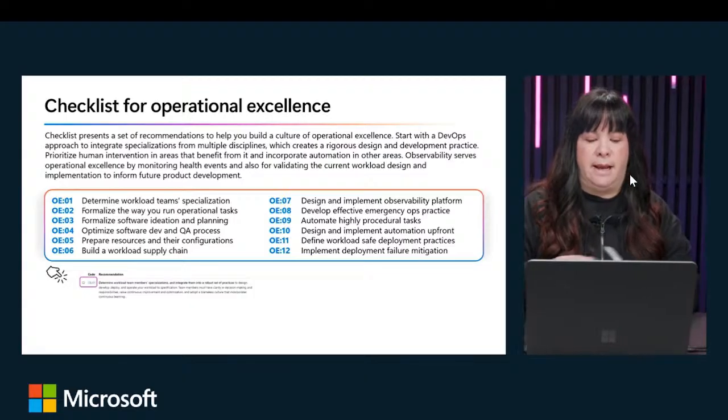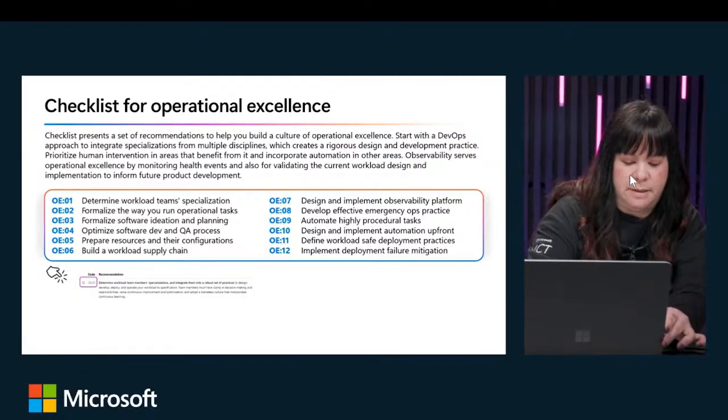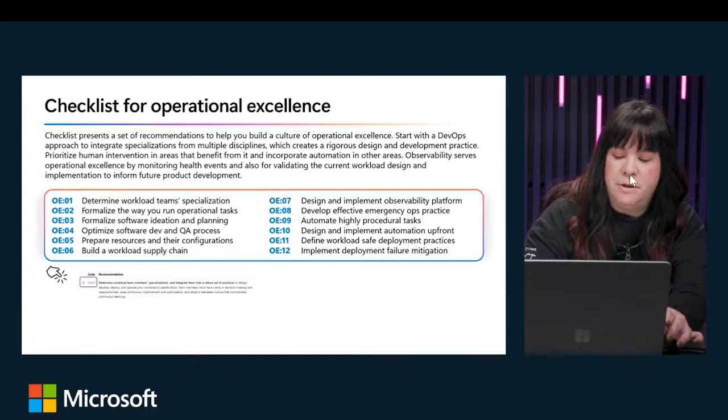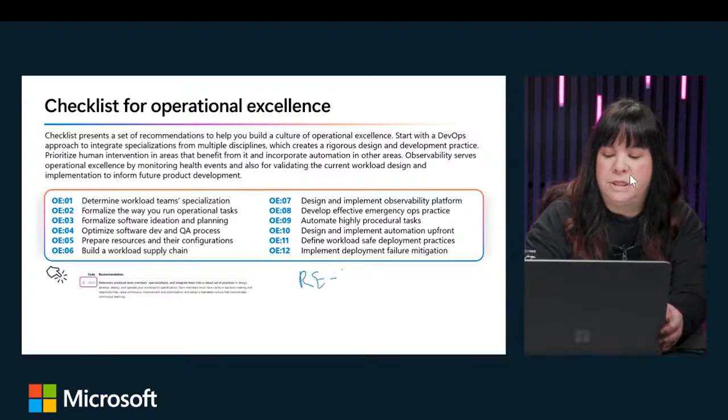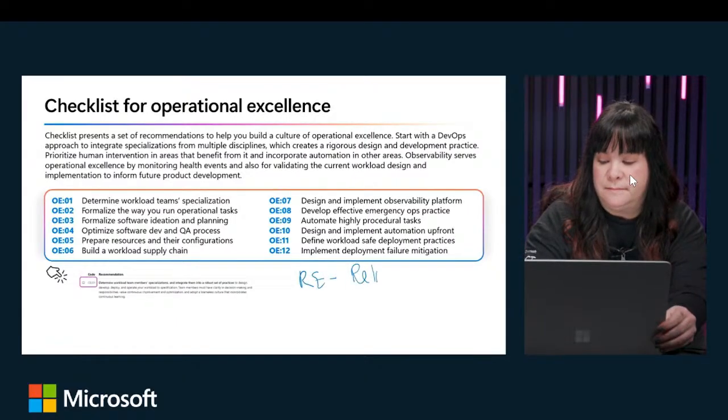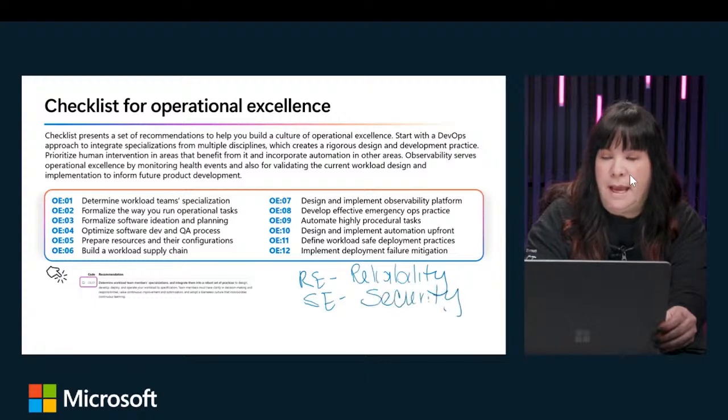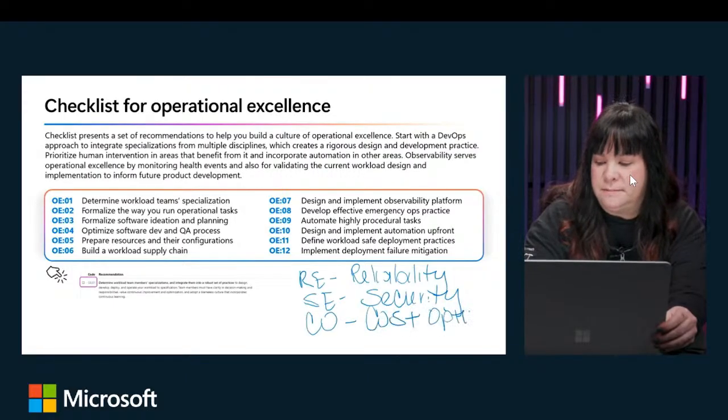And as you can see, they're written out as, here, let me write this on the slide here for you. You've got RE, which is your reliability. You also have SE, which is your security. And then you have your CO, and you can see where we're going with this, your cost optimization.